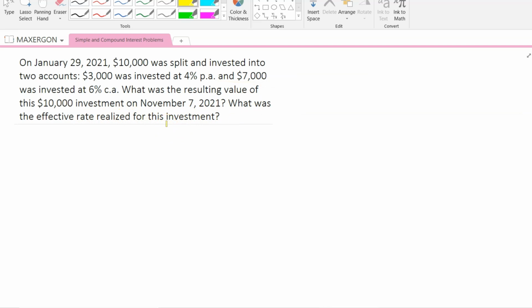First and foremost, we need to identify how many days is between these 2 dates. So the investment was on January 29, 2021, and it matured on November 7, 2021. The day of the investment is considered to be day 0.